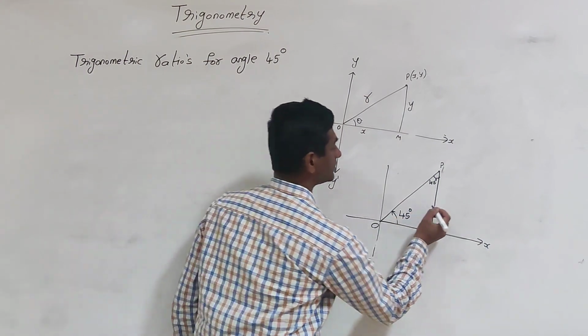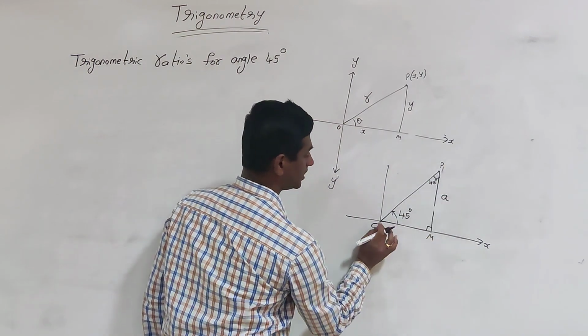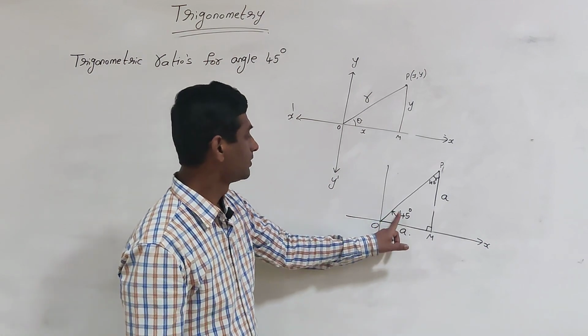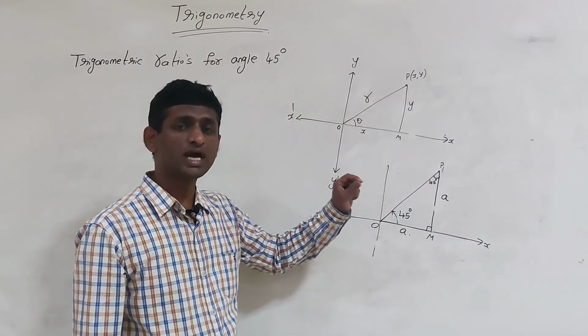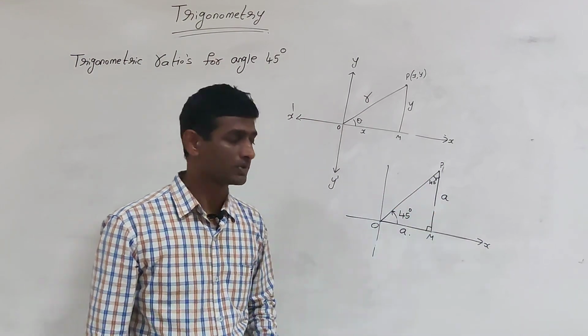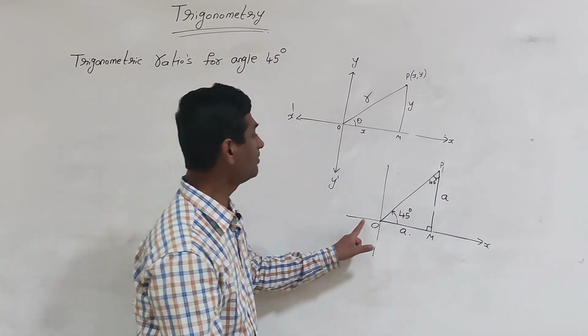So assume that the length of MP is A, and OM is also A. Why? Because in an isosceles triangle, the sides opposite to the two equal angles should be the same. So A, A, and as it is a right angle triangle, what will be the hypotenuse?